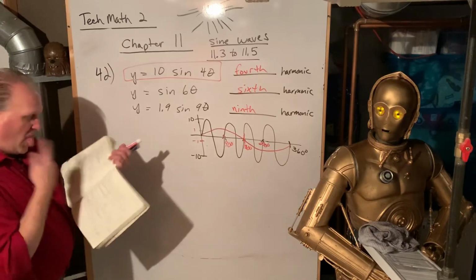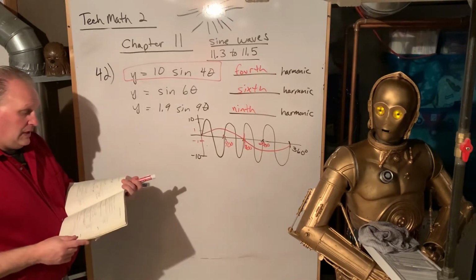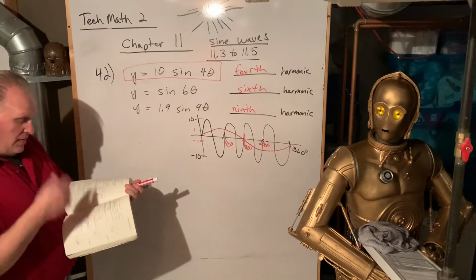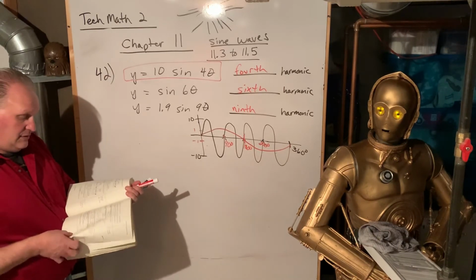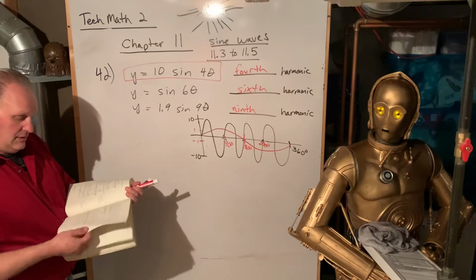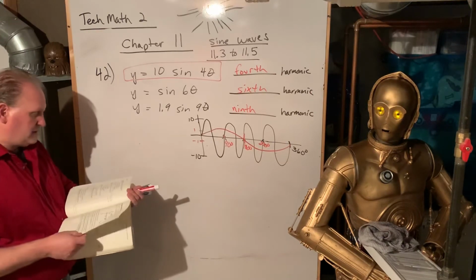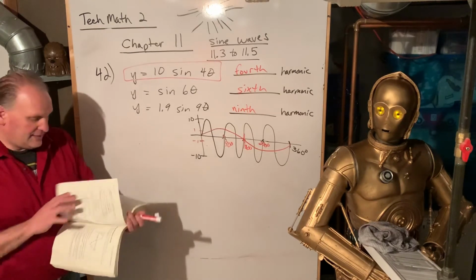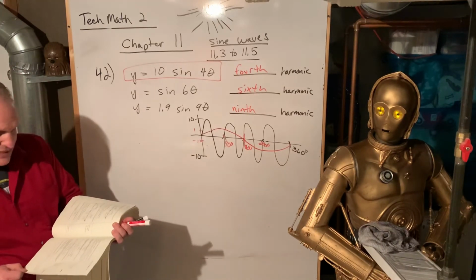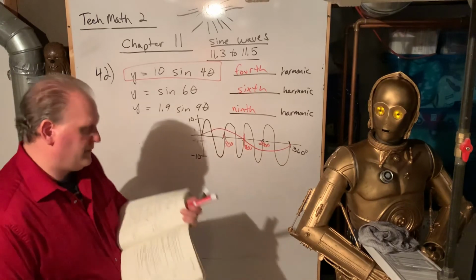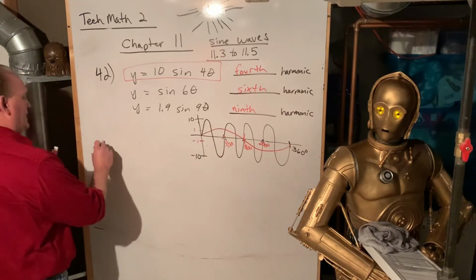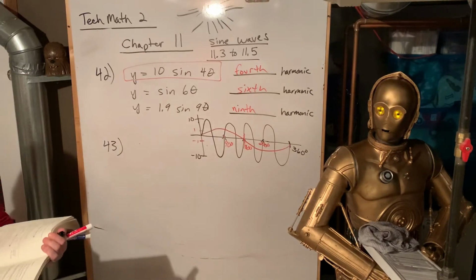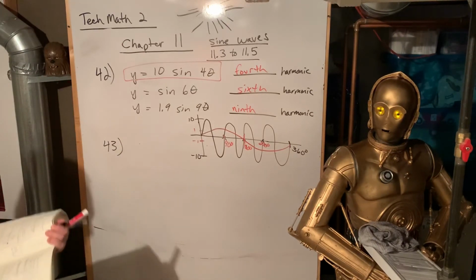All right, 42. Then what if they tell us it's a 4th? Here, let's look at 43. They tell you, give me the equation if it's a 4th harmonic with an amplitude of 0.75.